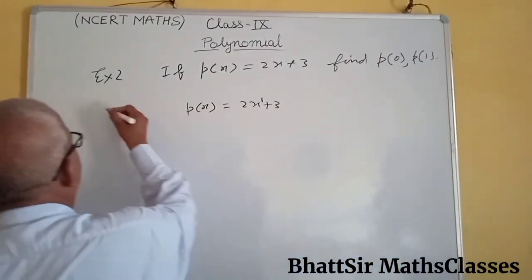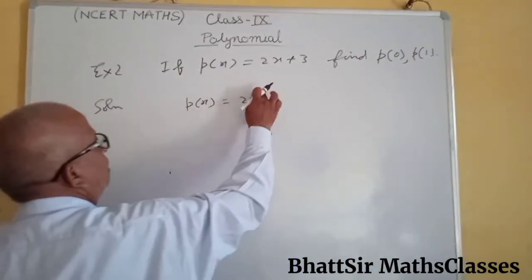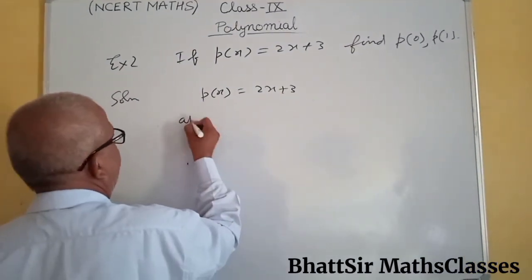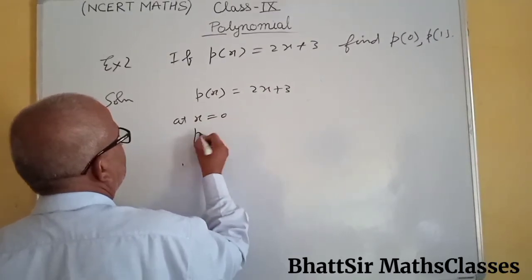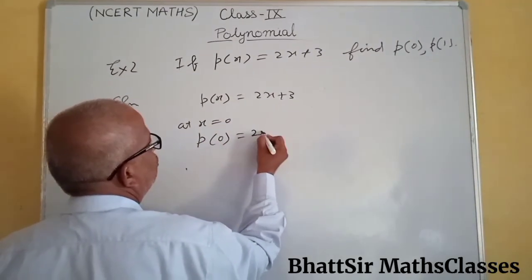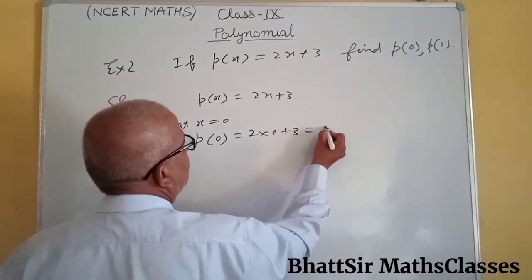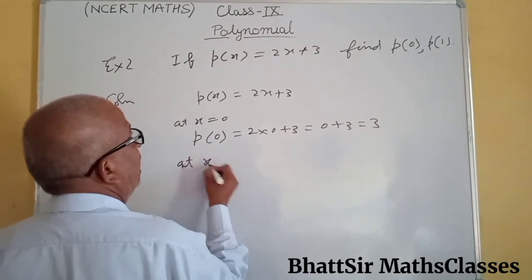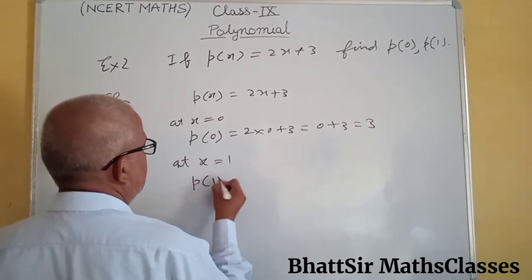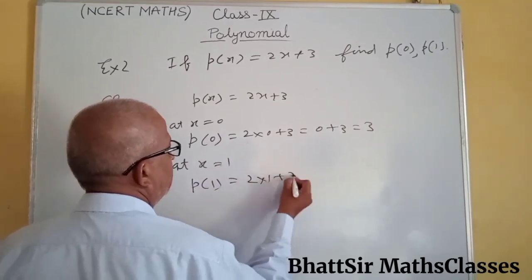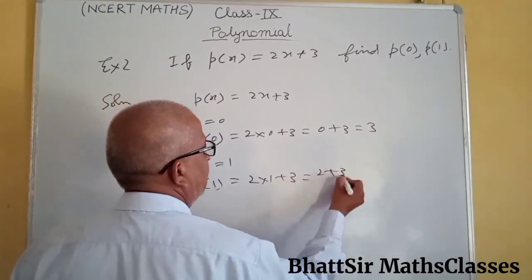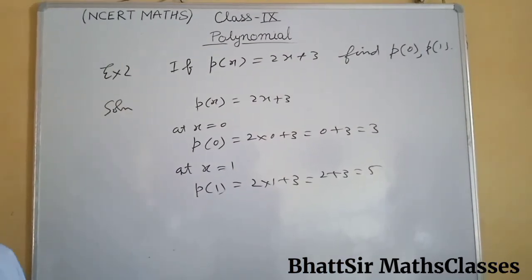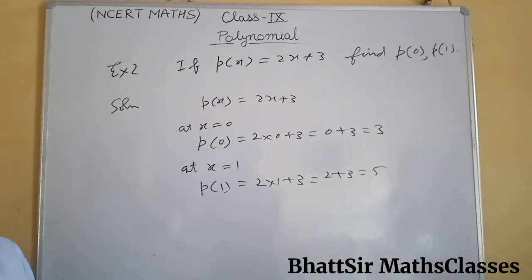So in the same manner I am giving the solution. It is p(x) equal to 2x plus 3. Now at x equal to 0, p(0) equal to 2 into 0 plus 3, 0 plus 3 equal to 3. In the same manner at x equal to 1, p(1) equal to 2 into 1 plus 3, 2 plus 3 equal to 5. In this way we can find p(0), p(1), p(2), p(3) and so on.